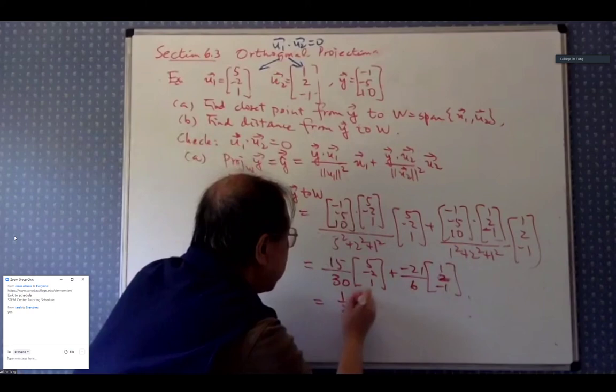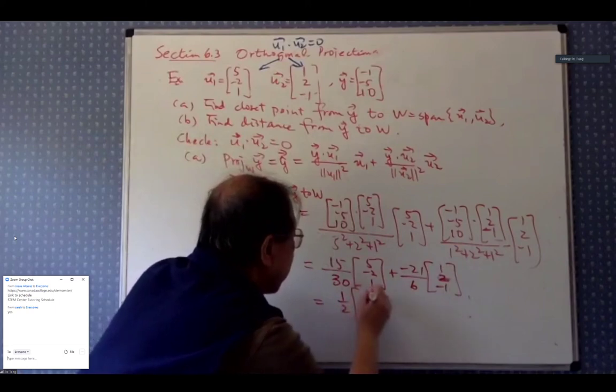1/2 of 5, -2, 1 plus minus that, okay? Minus 7 over 2 of 1, 2, -1. I will write this out to make sure I don't make any mistake there. 5 over 2, negative 1, 1/2, subtract 7 over 2, 7, minus 7 over 2.